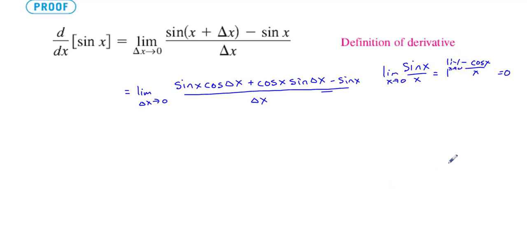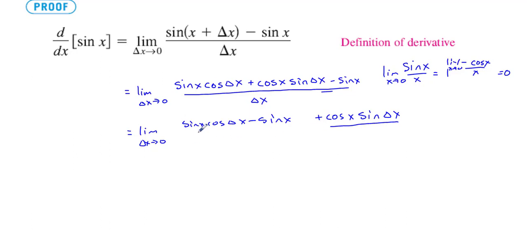Okay. Well, we need to try and create some of these situations, okay? So let's start by doing some fun stuff here. We got a sine x here and a sine x here. Let's take these two terms, put them next to each other so that we can factor them. So we got sine of x cosine delta x minus sine x, and then we're going to put plus cosine x sine delta x. Let's break it up into two fractions for fun also right now, delta x, delta x.